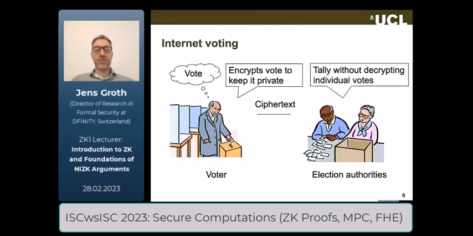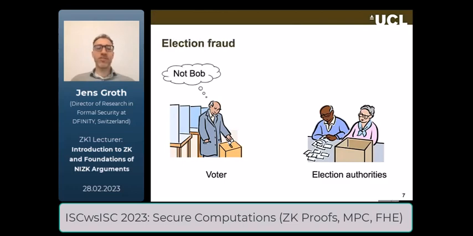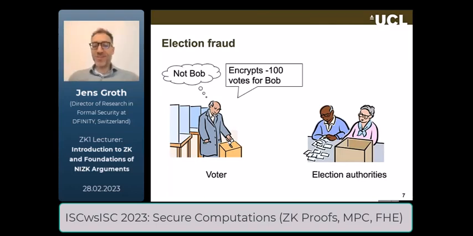And then the election authorities can use multi-party computation to tally the votes without decrypting individual votes and seeing what individual voters voted. Now, the problem in these protocols is that, because it's confidential what's inside the ciphertext, you could actually do the equivalent of encrypting negative votes, for instance, right? So that's like reaching into the ballot box and taking out some votes.